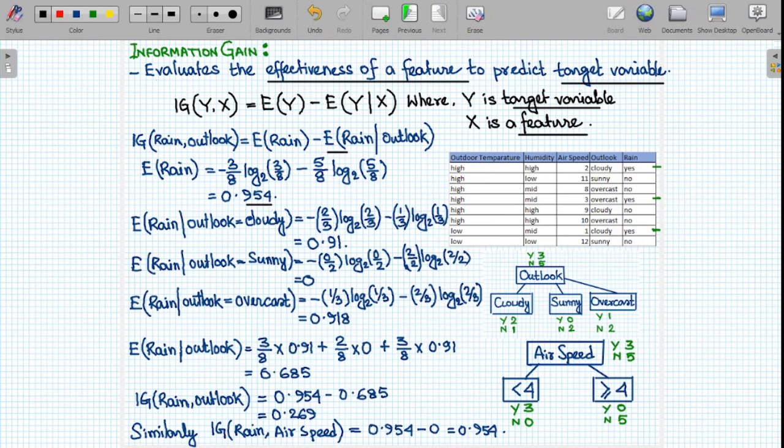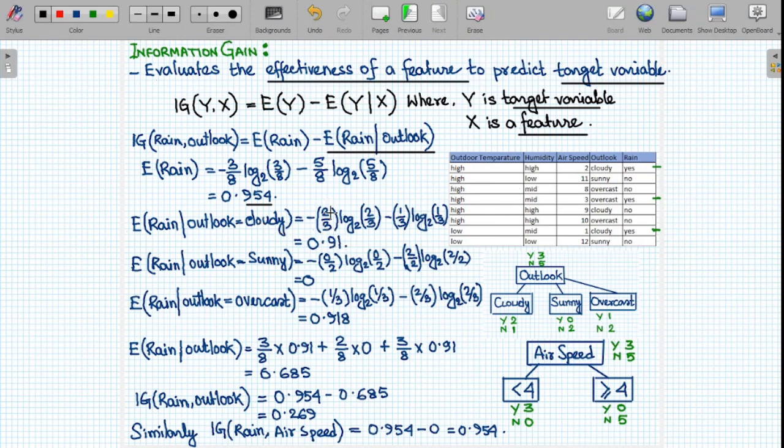In order to calculate this part, we will be calculating entropy for each different category of outlook column. And finally, we will be evaluating the weighted average to get entropy of rain with outlook. Here we are evaluating the entropy of rain given outlook is cloudy will be 0.91.